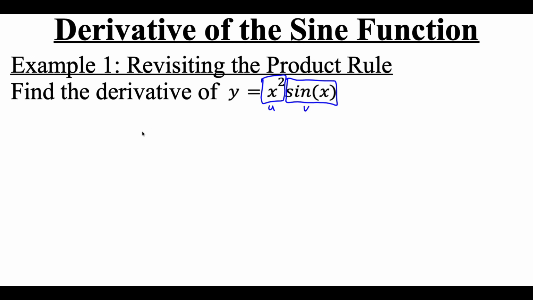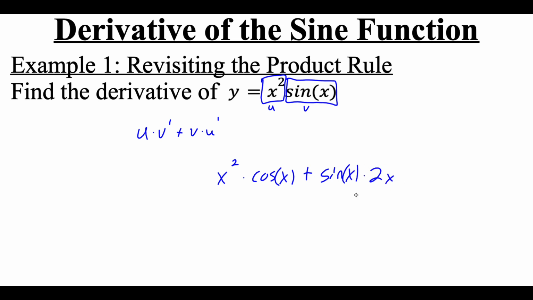So the product rule says that we're supposed to do u times the derivative of v plus v times the derivative of u. So if I leave u alone, that's x squared, times, if I do the derivative of v, well, we just proved that the derivative of the sine of x was the cosine of x, plus leave v alone, so the sine of x times differentiate the u, and that's going to be 2x.